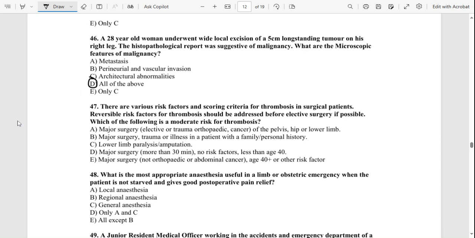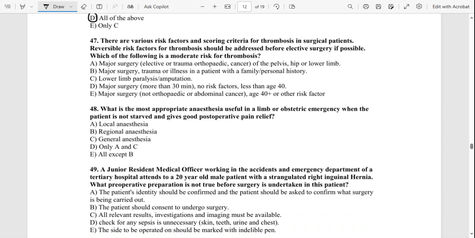47 is saying there are various risk factors and scoring criteria for thrombosis in surgical patients. Reversible risk factors for thrombosis should be addressed before elective surgery if possible. Which of the following is a moderate risk of thrombosis?